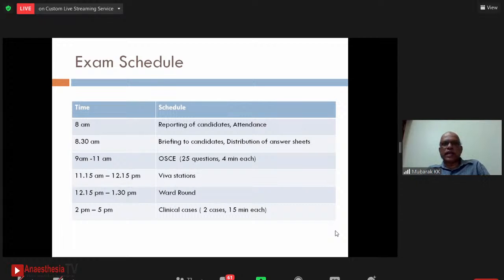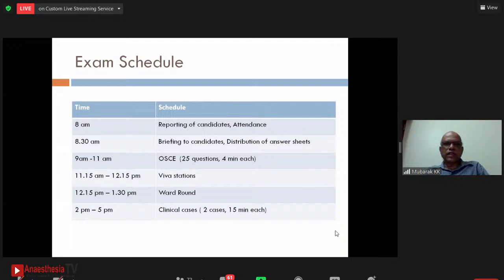Within that time, the candidates have to be examined for these ward cases. So we can imagine the time limit. Your output should be only in this time. In the OSCE, you cannot answer anything more than 4 minutes. After each OSCE, your question and answer books will be taken by the examiner and scanned to the national board for evaluation. And the ward rounds will be hardly 10 minutes for a candidate.